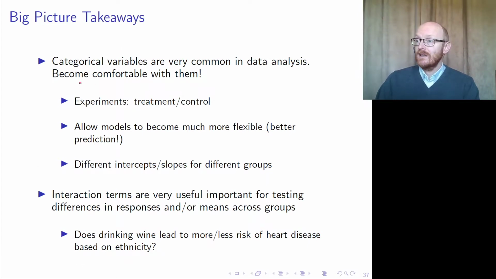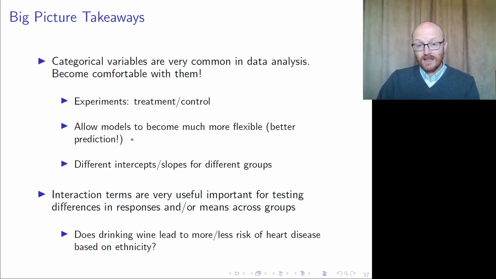And last but not least, categorical variables are very common in data analysis. They are very, very common. So, for example, in experiments, to look for differences between treatment groups and control groups, and you can use these categorical variables to make them more flexible.